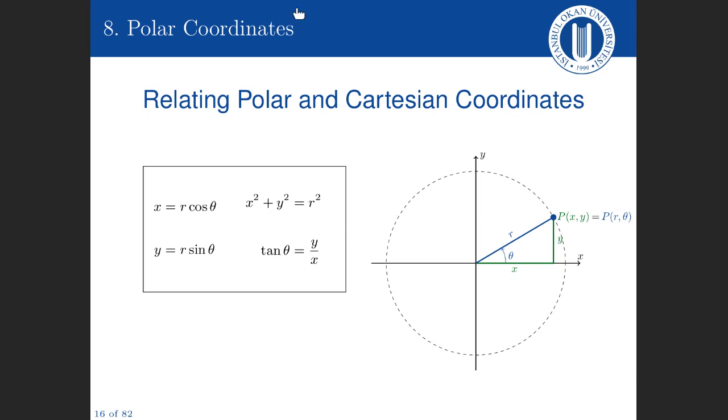And from this triangle, we can say straight away that x is the same as r cos theta, y is the same as r sine theta. By Pythagoras, because we have a right angle triangle, x squared plus y squared is equal to r squared, and tan theta is equal to y divided by x.